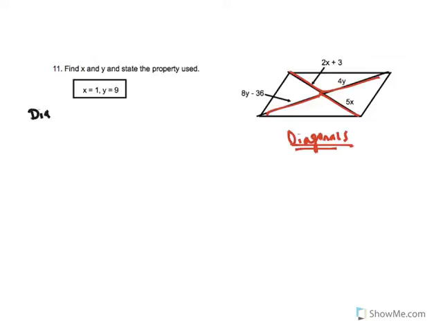And that property is that diagonals bisect each other. So what do we mean when we say that diagonals bisect each other? That this piece here is equal to this piece, and that this piece is equal to this piece. So we use that knowledge to create our equations.